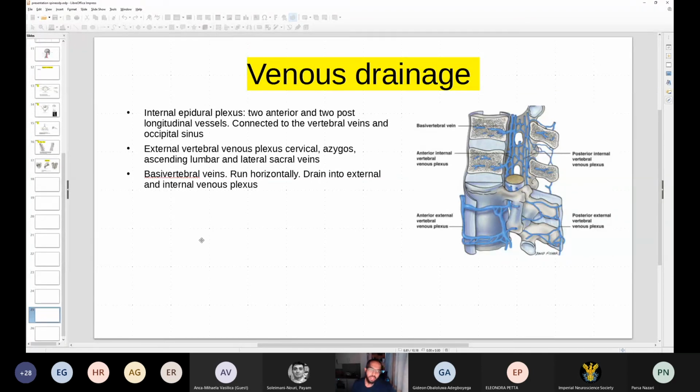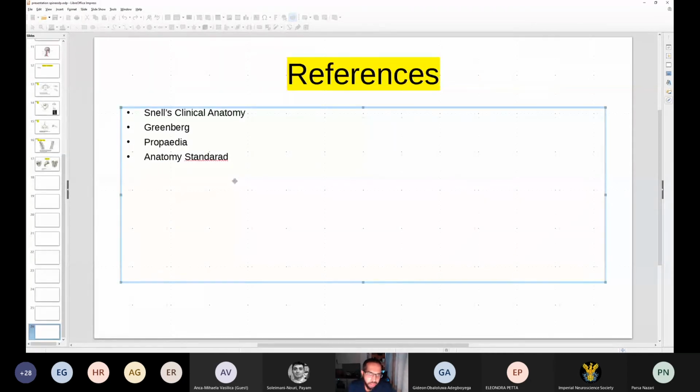I think that's everything. In terms of references, I prepared these slides mainly from Snell's. I like Snell, to be honest. I used to read it when I was in medical school. To be honest, I think most of my slides were copied and pasted from Snell's Clinical Anatomy.